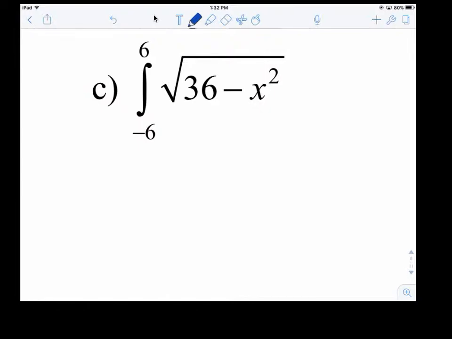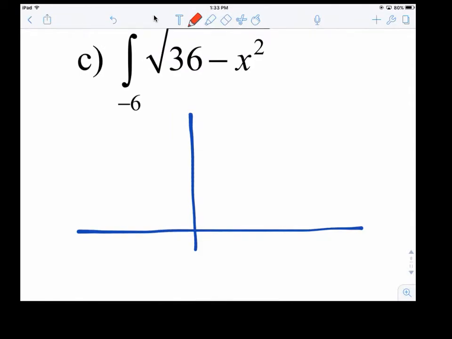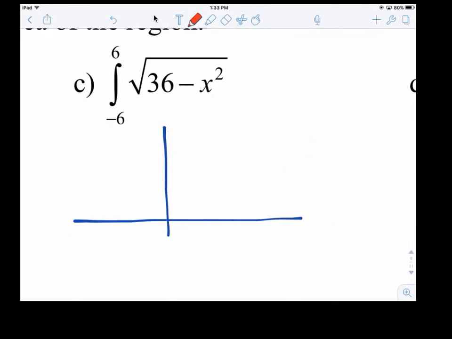Okay. Square root of 36 minus x squared is a what? What type of equation is that? Yeah, I know that, but what else? It's a semicircle, right?